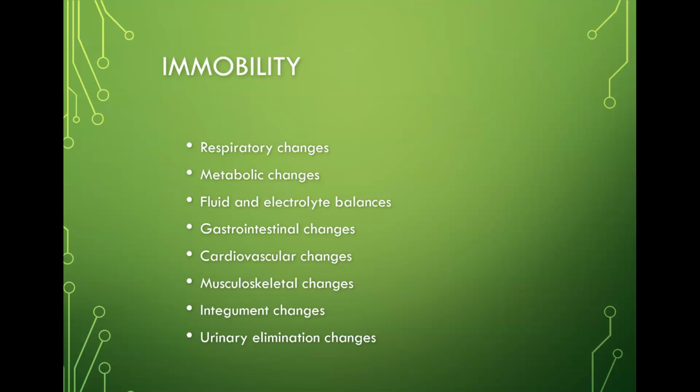Gastrointestinal changes like decreased peristalsis and constipation can occur. Orthostatic hypotension is considered one of the cardiovascular changes that can occur. A person can have joint contracture, foot drop, disuse osteoporosis, pathological fractures, and then skin breakdown, which would be considered integument changes.